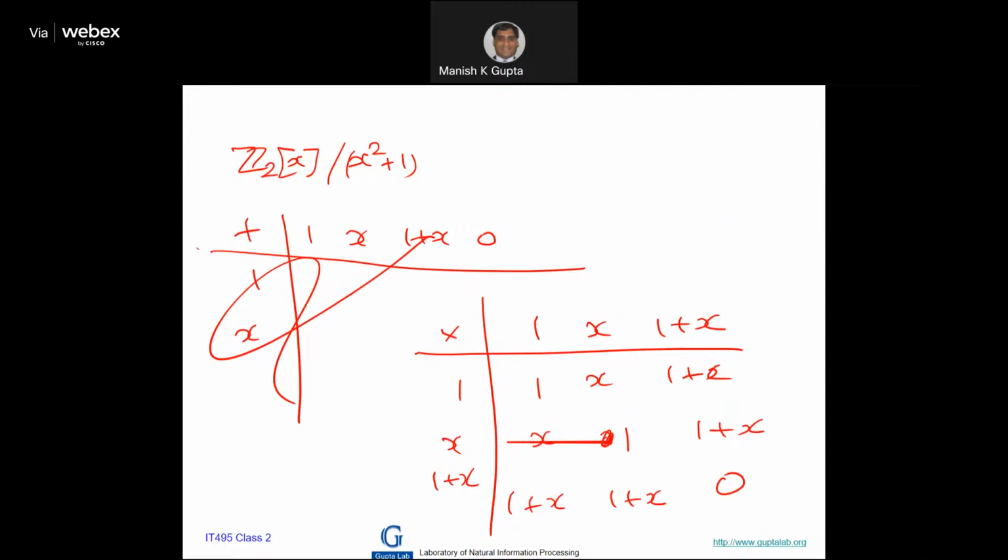So that means 1 plus x is a 0 divisor. So every element does not have an inverse in this scenario. Whereas if you take f(x) equal to x square plus x plus 1, every element has an inverse. But here it is not. Just by taking a different polynomial, we are getting different things, right?